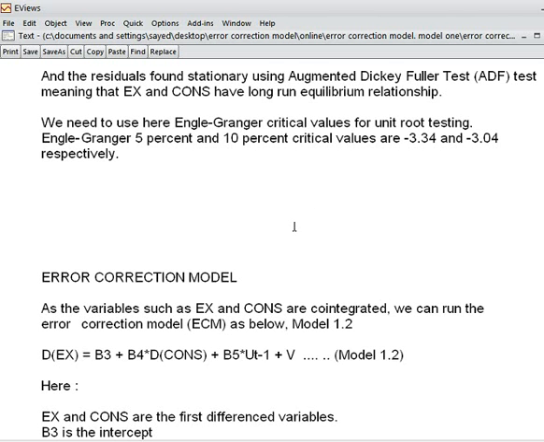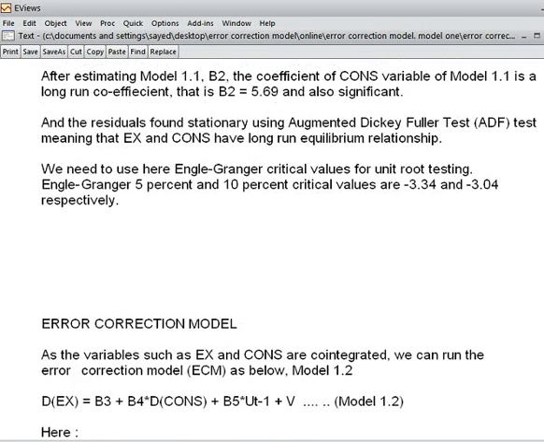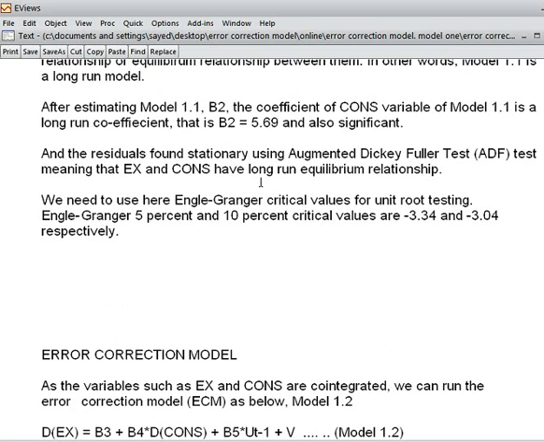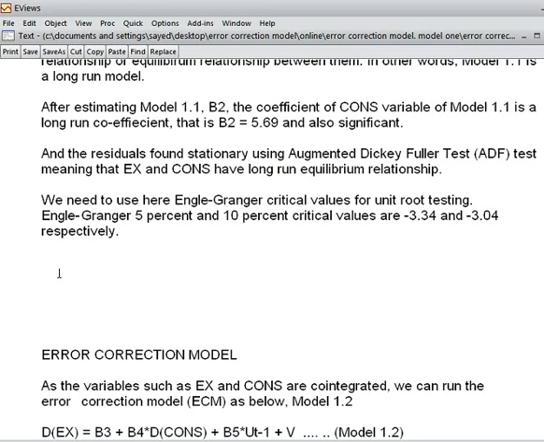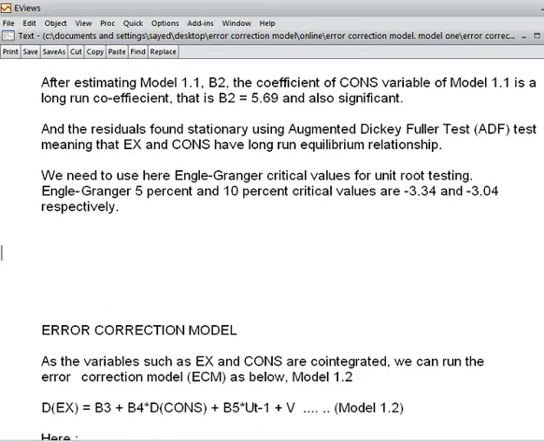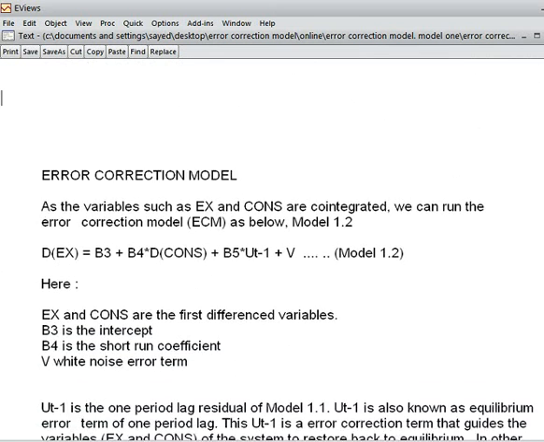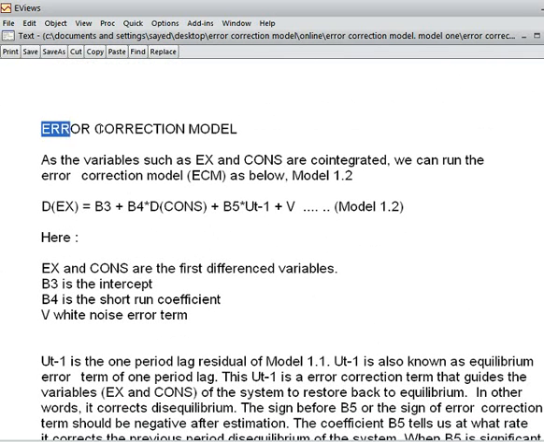Okay, so what we have seen is that our two variables, ex and cons, have a long-run equilibrium relationship, or our two variables are co-integrated. When the variables are co-integrated, then we can run the error correction model.